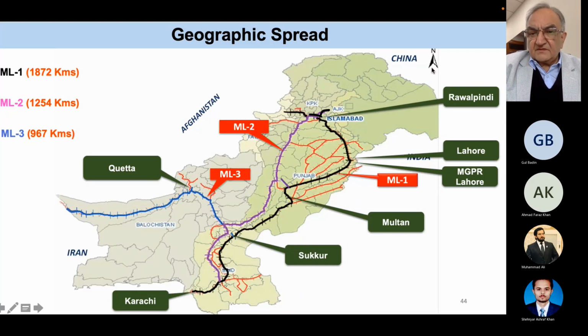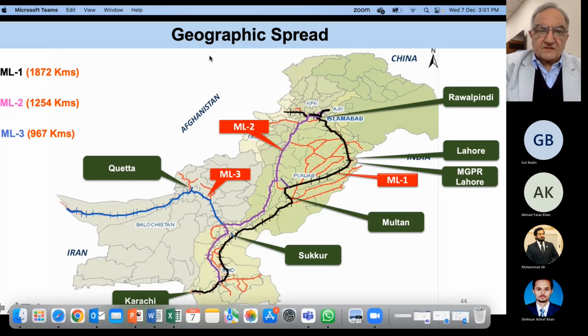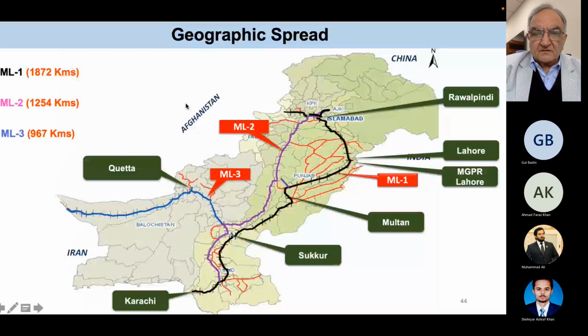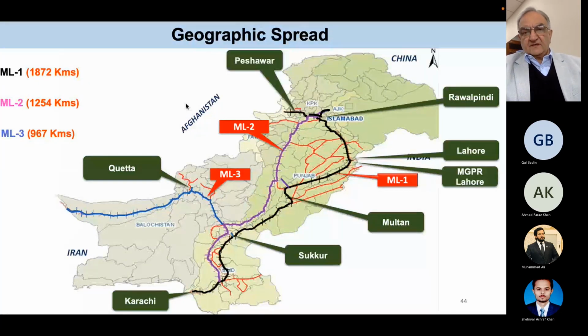Rawalpindi and Peshawar division. These have boundaries. As I said, this is geographical.